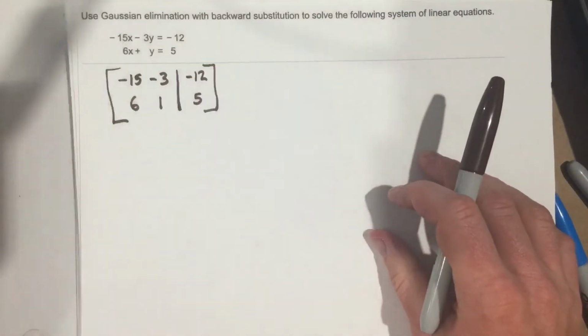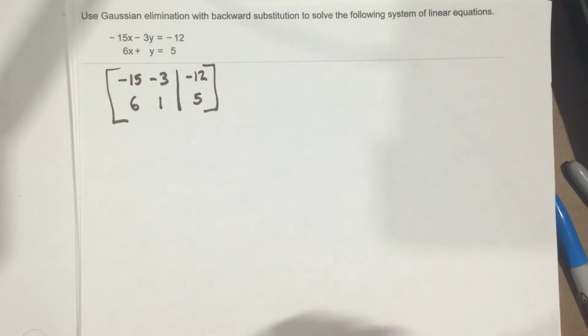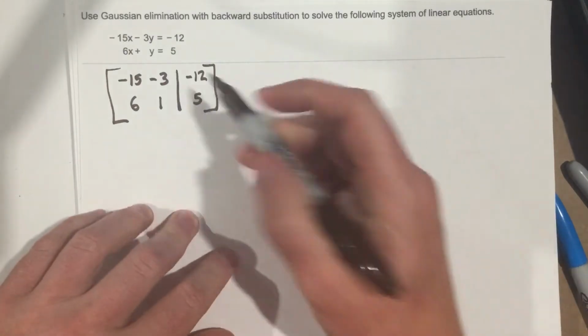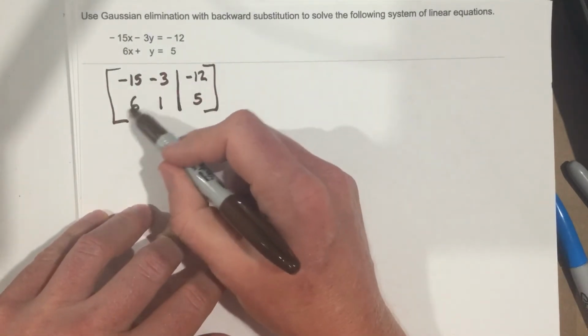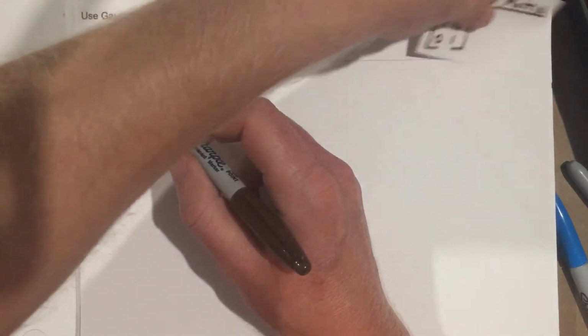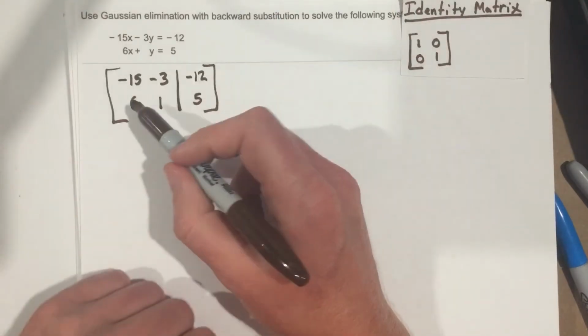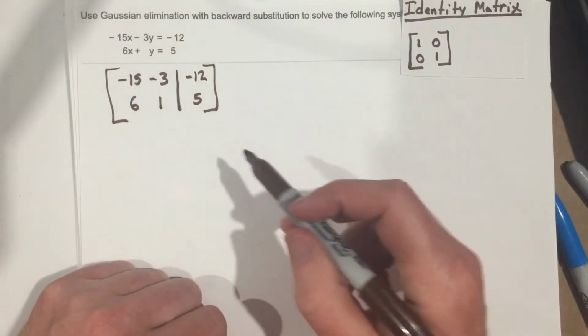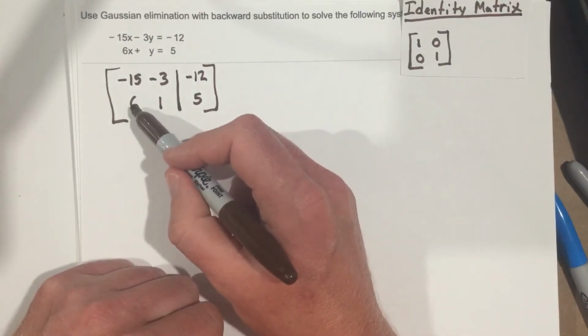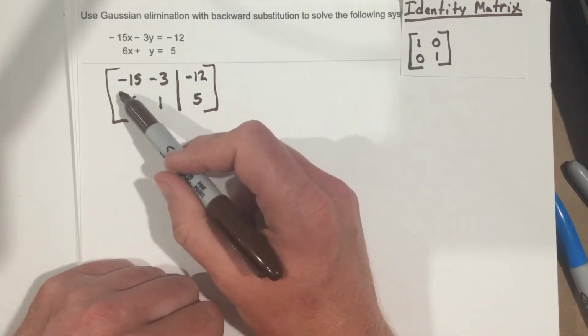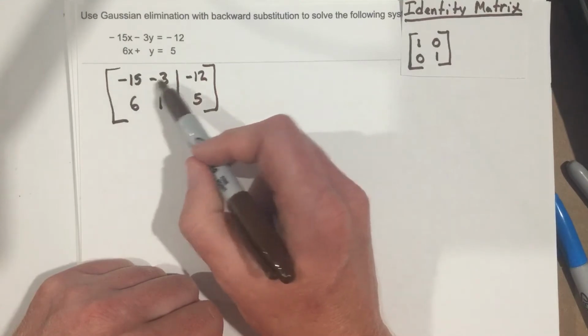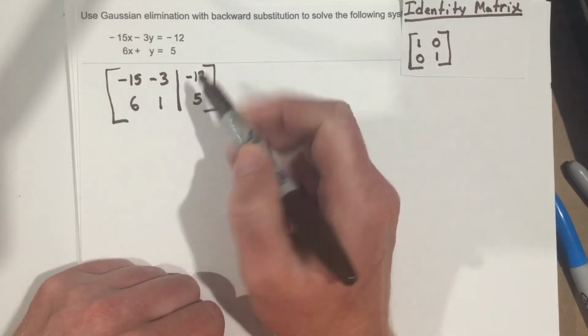Here's how we do this. We're going to write these out step by step. I always like to cancel the bottom left corner. I want the bottom left corner to be 0 first. So in order to get the bottom left corner to be 0, I have to multiply the top. Let's see, if I multiply this by 2 and this by 5, I'd get there.